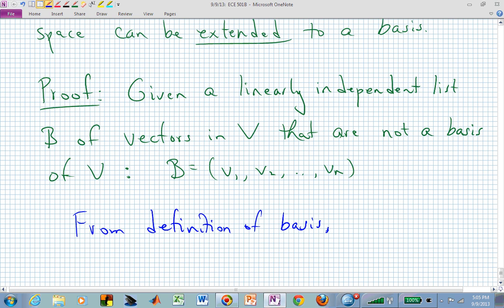We were told it's not a basis, so they're linearly independent. The only way it can fail being a basis is it must not be enough to completely span the space. From the definition of a basis, B must not span V.